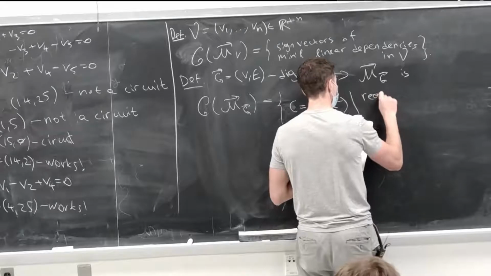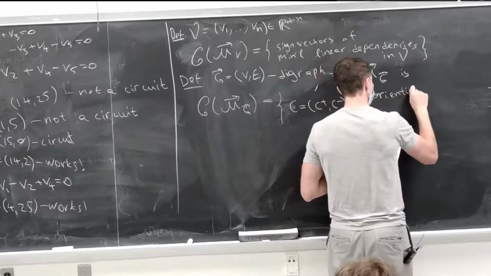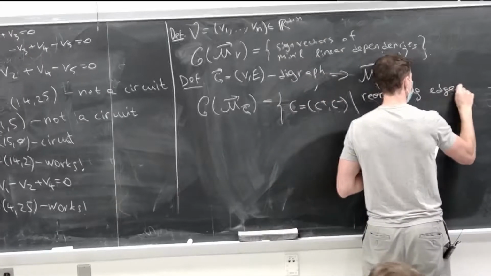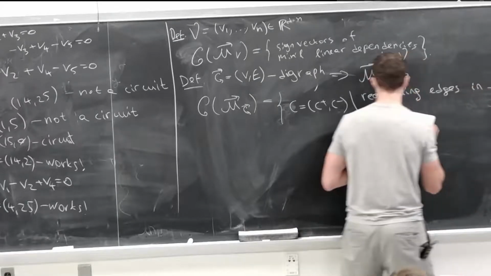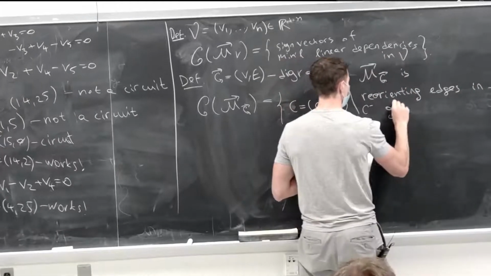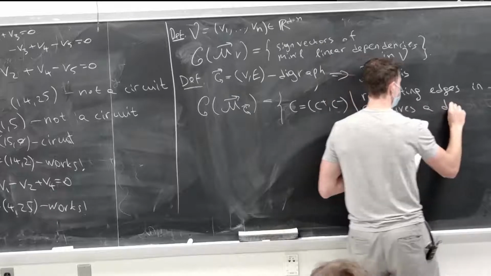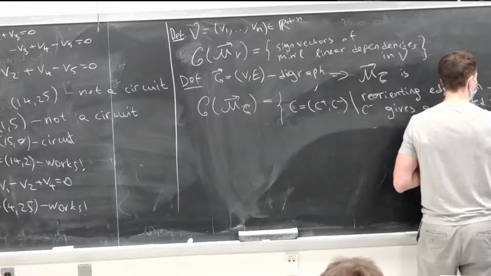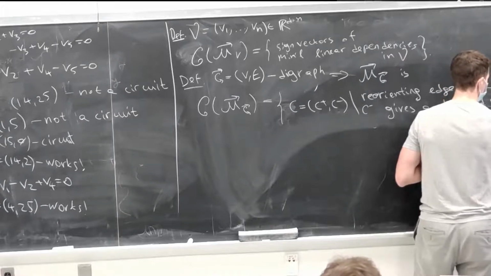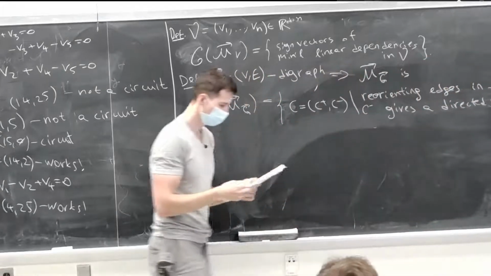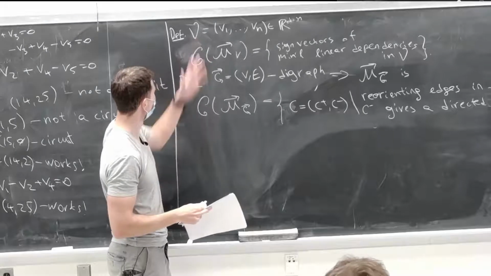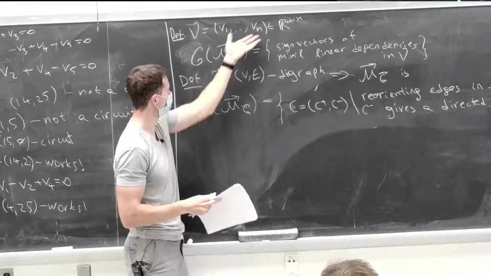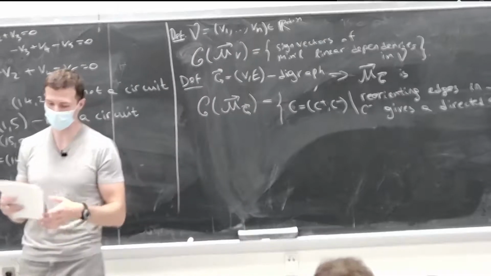Reorienting edges in C minus gives a directed cycle on the support. All right, so now if you have any directed graph or any vector configuration, you get an oriented matroid out of those.